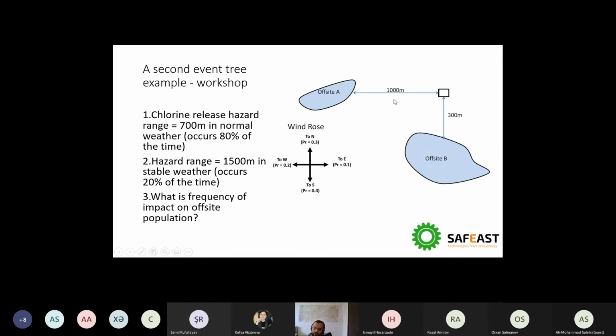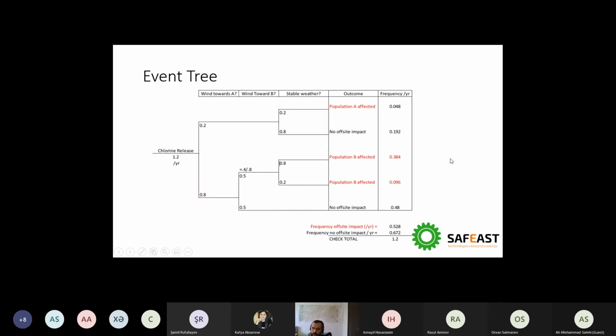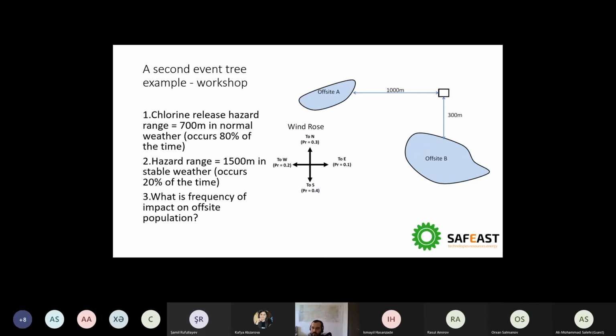Based on that, you can understand if there is any risk to the offsite population which you need to worry about. So basically, this is an event tree for that specific example.